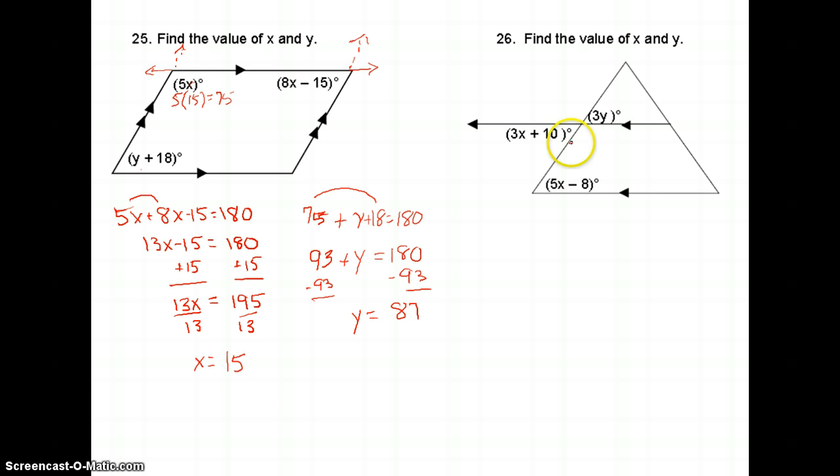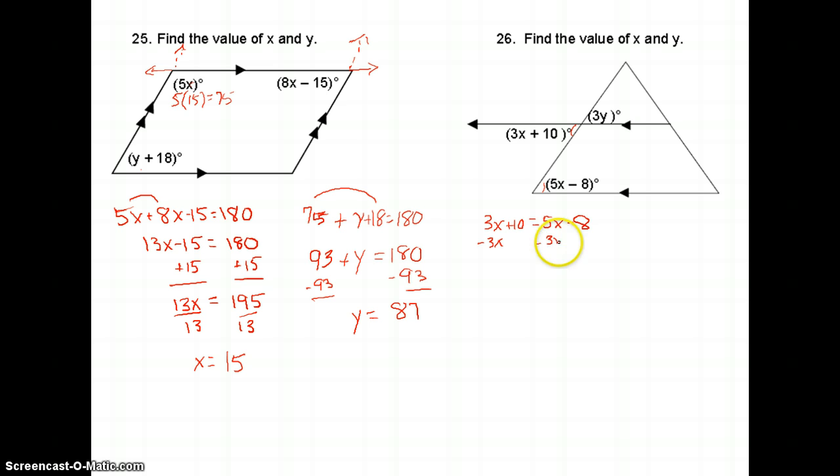Over here at 26. Okay, we've got x and y again that we need to find. We can't match these up. I've got an x here and an x here. Two parallel lines. These are alternate interior angles, so we know they're equal. So 3x plus 10 equals 5x minus 8. Okay, I've got x on both sides of the equation now. So I've got to get rid of one of them.